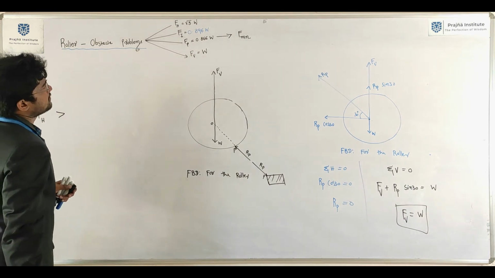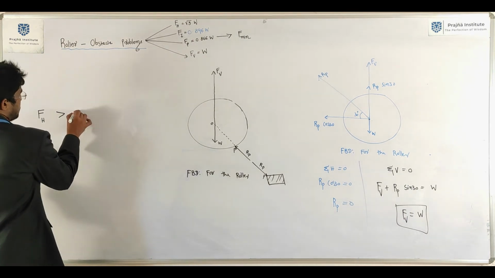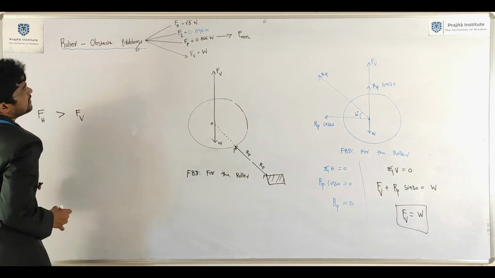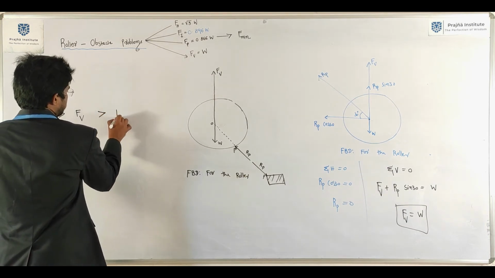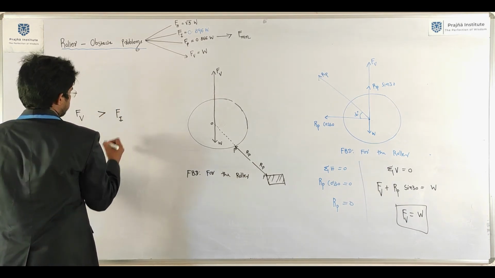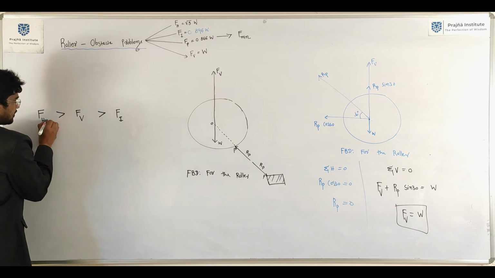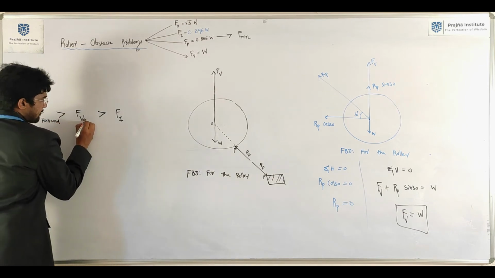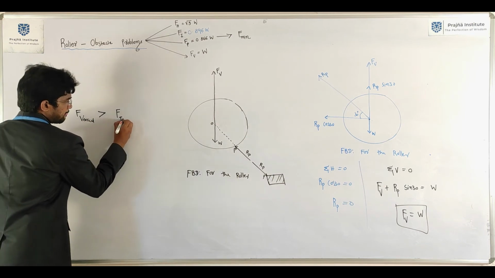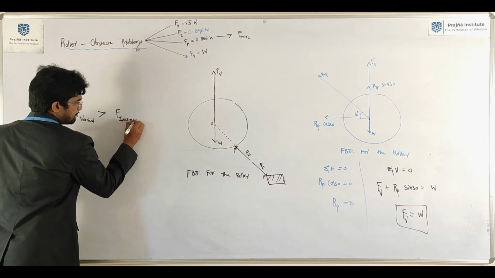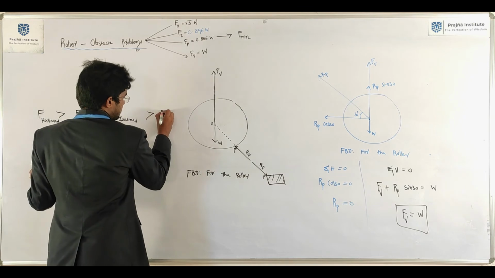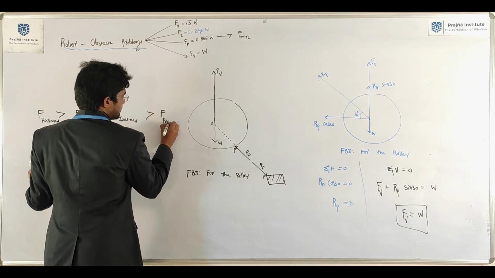FH is maximum. Next, FV. After that, F inclined. Horizontal, vertical, inclined, perpendicular.